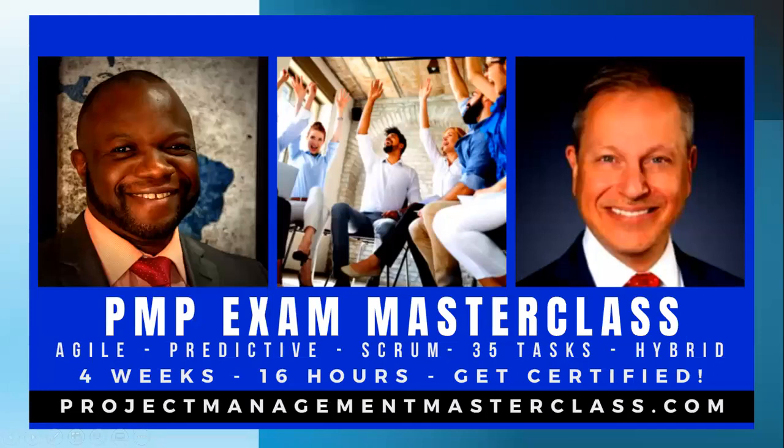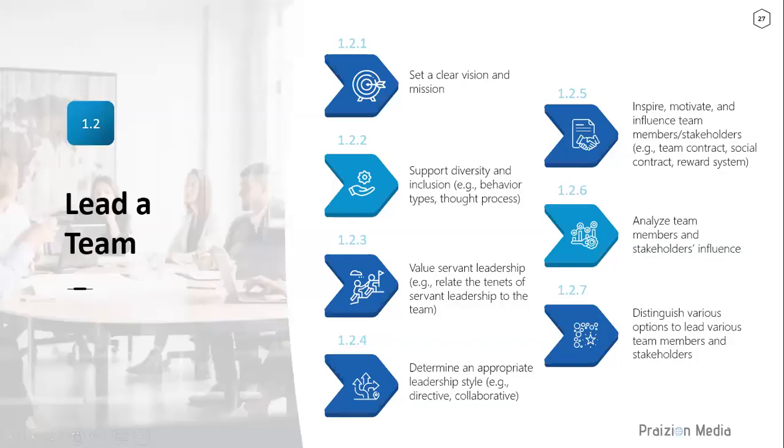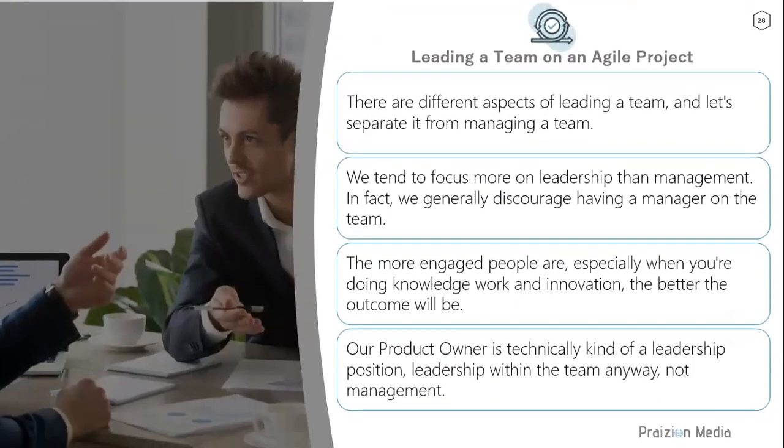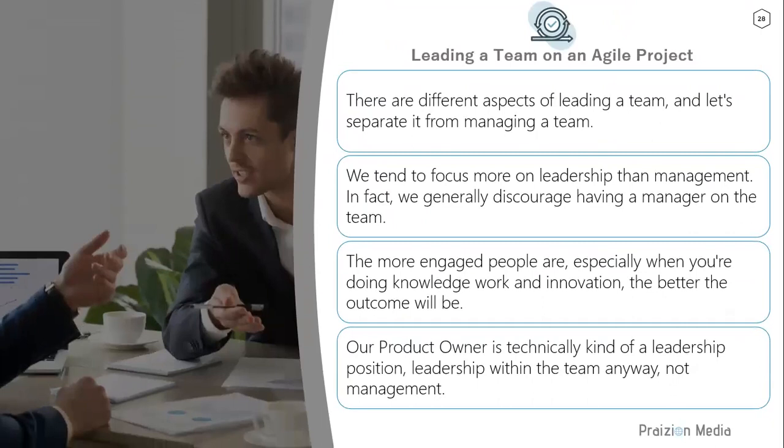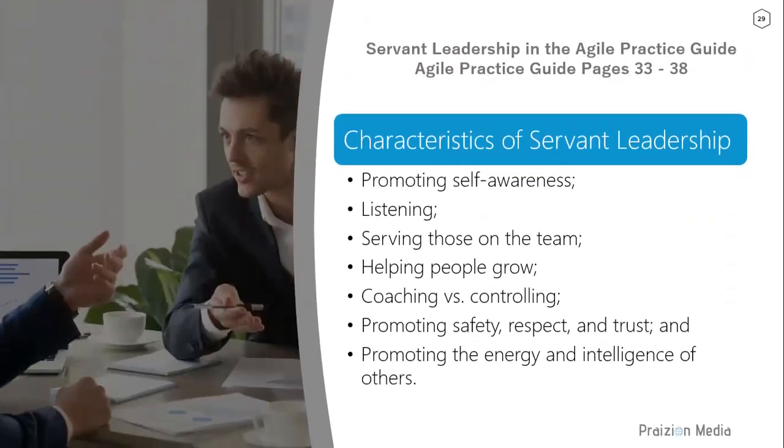For example, if we're talking about any particular area, not only do we look at a high level view, for example, if we're talking about lead a team, we are going into the details of lead a team in the world of agile in depth. And then we're going to take a look at other important topics.